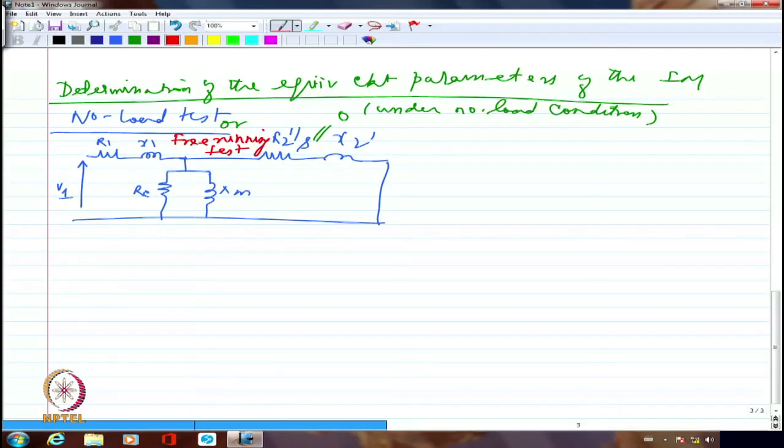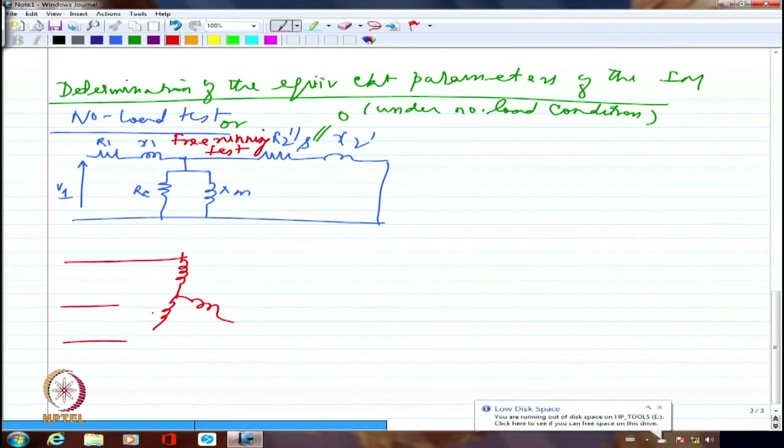So under free running test condition, we normally apply no load on the shaft and try to measure what is the power. So what we are going to have is, the circuit diagram is somewhat like this. I am going to have 3-phase supply. I will have a 3-phase variac or an auto transformer.